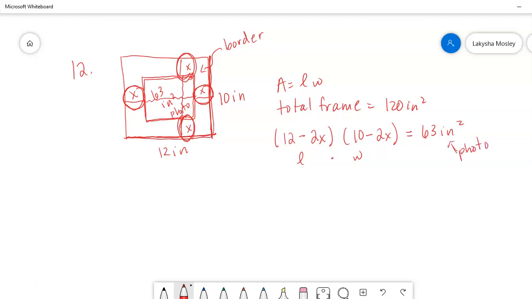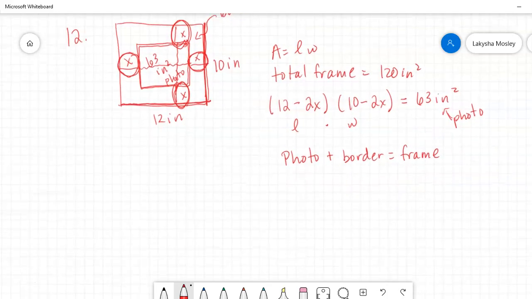Because if you think about it backwards, it's photo plus the border is equal to what? The frame. If that makes sense, right? Okay. So now let's see what we've got going on here. First I'm going to FOIL out the stuff in the parentheses.